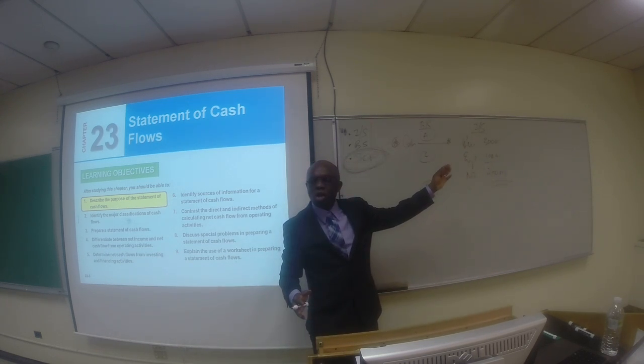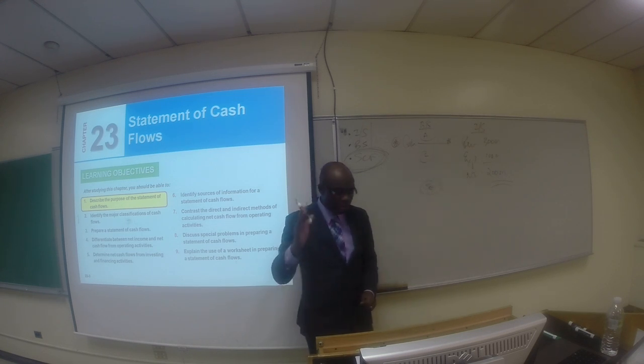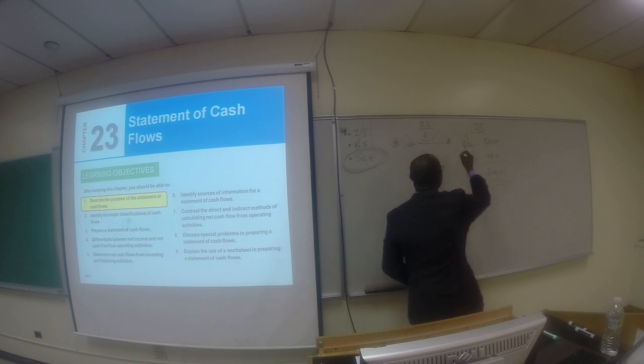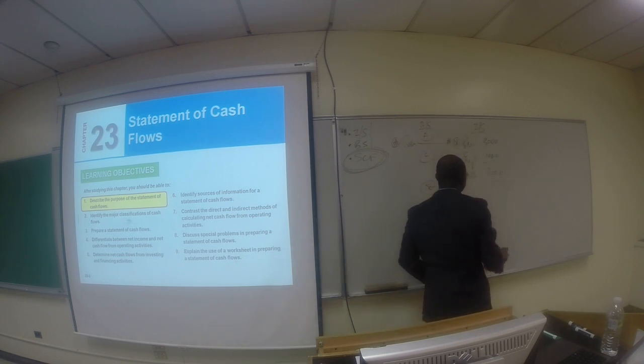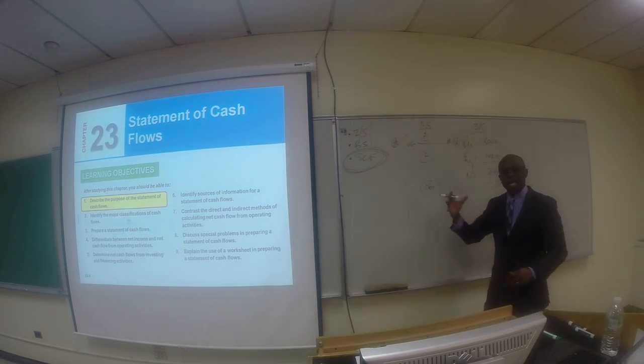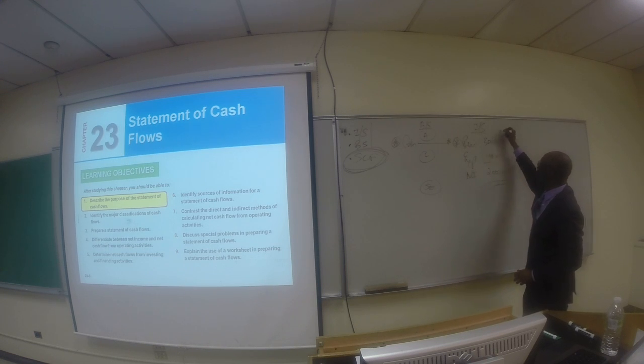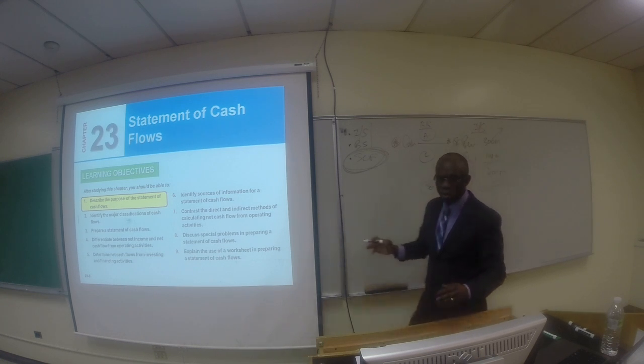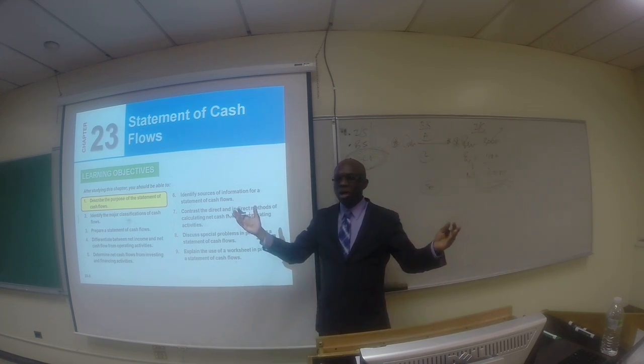Let's assume that in the second year, the company also reported another $200 million profit. But guess what? It is very easy to realize profit. Why? Because one way of making a lot of profit on net income is to extend credit to every Tom, Dick, and Harry. What does that mean? Just extend credit to everybody.